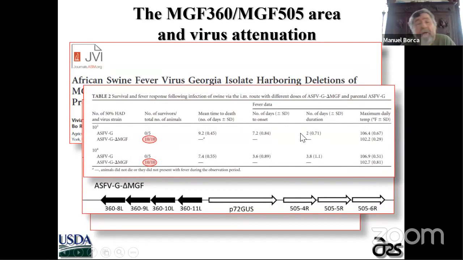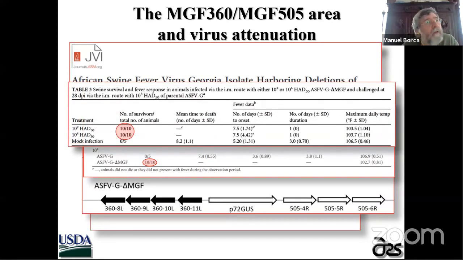And actually the virus, when put in pigs, even at 10 to the 4, was completely attenuated. And when challenged with 10 to the 3 intramuscular, the animals were completely protected against the presence of the disease, but not always against viral replication.